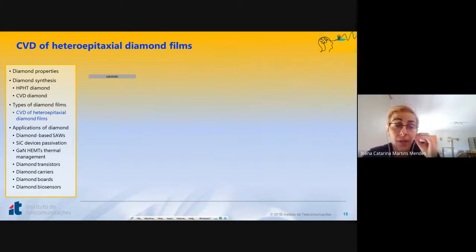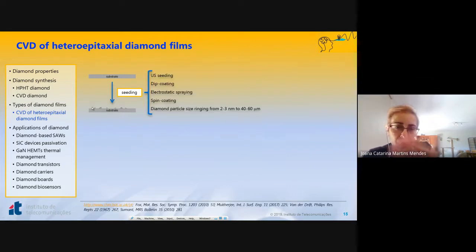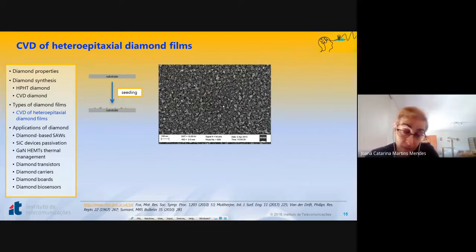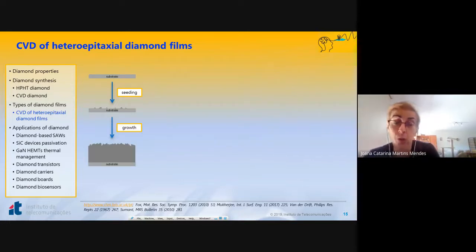And now a small word also about the CVD of heteroepitaxial diamond. You start with a substrate that is not diamond, so you have to seed it with diamond seeds. You can use a different variety of methods, and in the end, you have a substrate with lots of these seeds. This is a seeded silicon substrate. And then you just put this substrate in the system and you grow diamond.